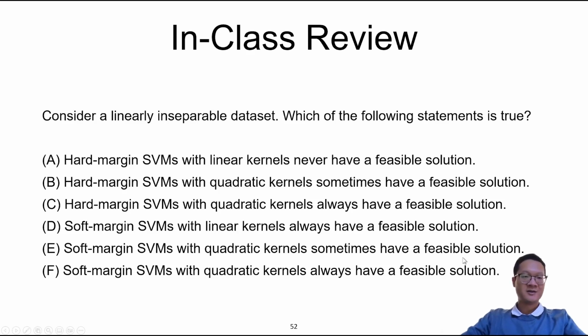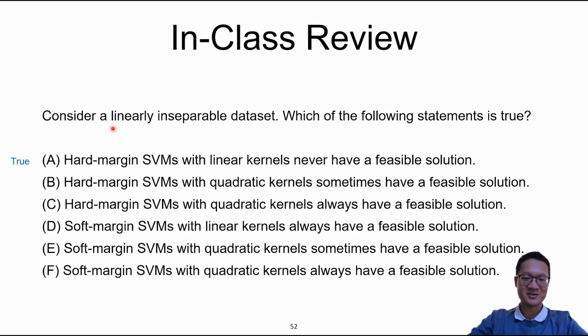Okay, let's take a look. Remember that we're given a linearly inseparable data set. First one: hard margin SVMs with linear kernels never have a feasible solution. This one is true because the data set is linearly inseparable, so it's actually impossible to satisfy all the constraints.